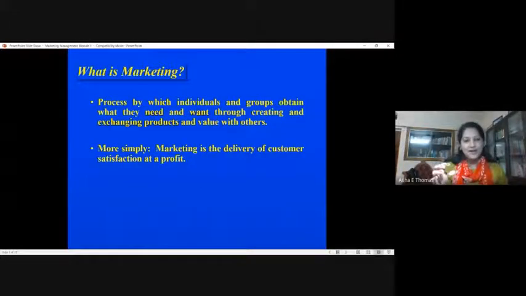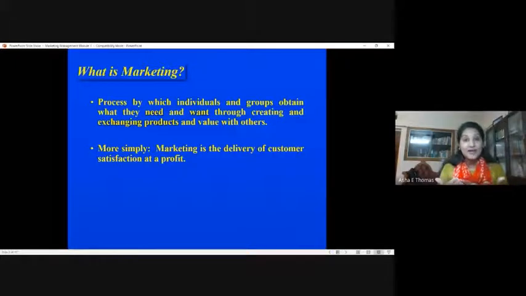See, in simple terms, it can be said to be a process by which individuals and groups obtain what they need and want, through creating and exchanging products or services, and value, with others.